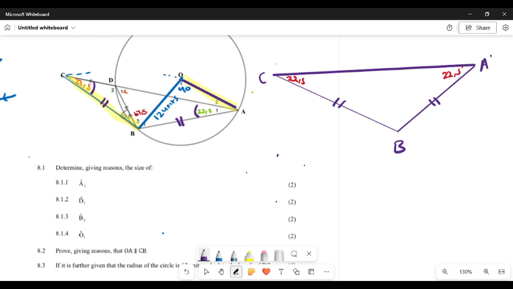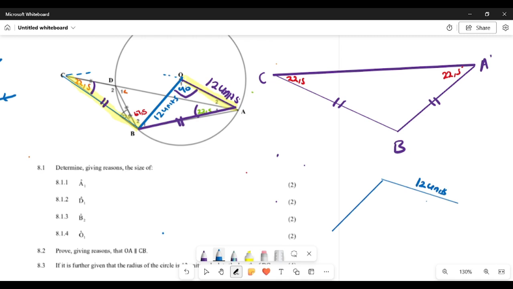So if I were to draw the right angle triangle there, this is the line from O to A, which is 12 units. And this is O to B, which is also 12 units. They are both radii, right? I'm trying to determine this line. Why? Remember, BA is equal to BC, meaning that if I could find the length of BA, I would be able to automatically find the length from B to C, right?